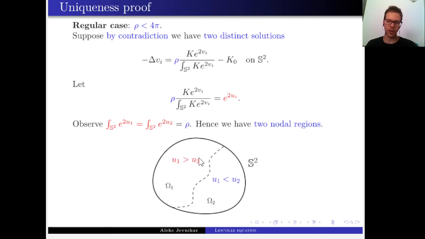In one region, one solution is bigger than the other, and in the other nodal region it is the opposite. So in particular, you have two regions on which the solutions are different, and they agree on the boundary. The idea is to apply the sphere covering inequality to both these nodal regions.